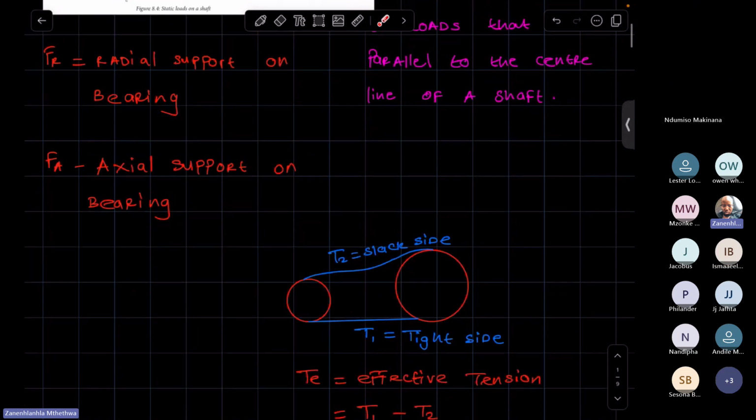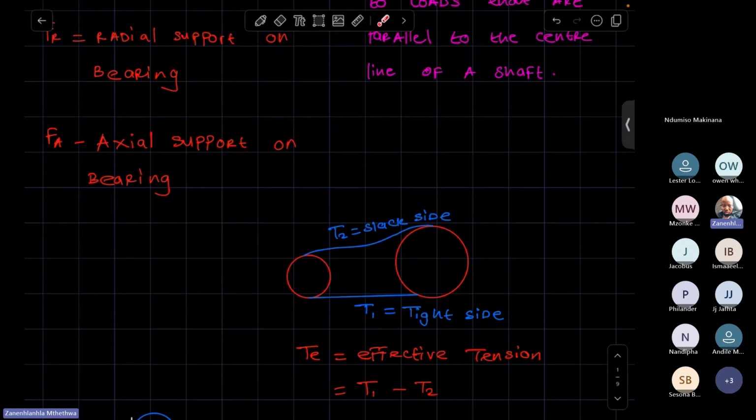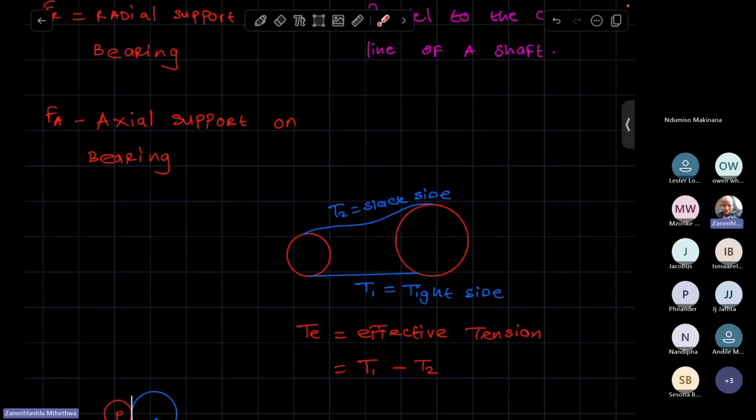Okay. So this is how a typical belt drive system would look. Let's say an open belt drive system, because you get two types of belt drive systems: an open belt drive system as well as a crossed belt drive system.